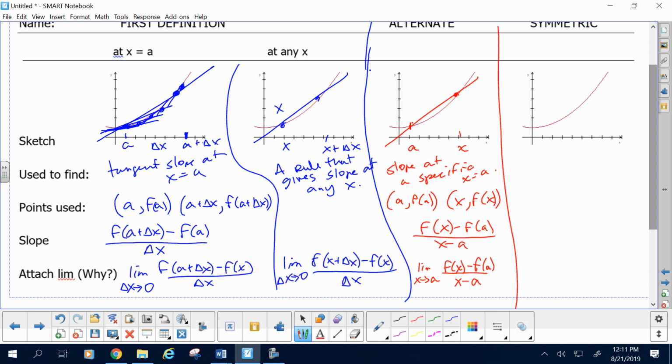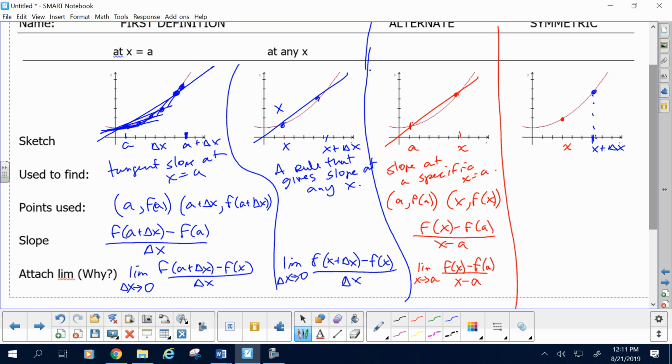All right. Last but not least is symmetric. Say you wanted a slope specifically at some x. Rather than use that point and another point, we're going to use 2 other points on either side. So imagine if I went a delta x above. That would put me at x plus delta x.